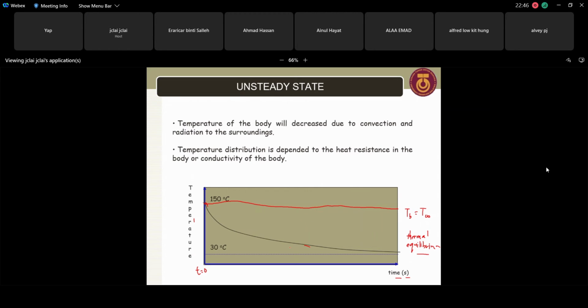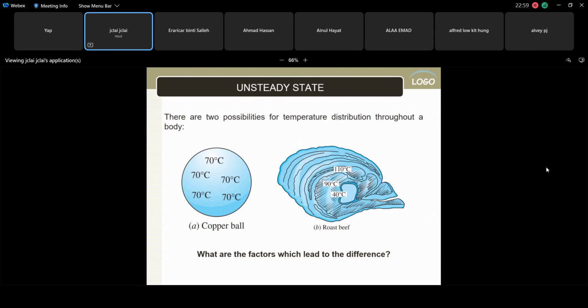The temperature distribution depends on the heat resistance in the body, or the conduction of the body. What does that mean? Let's consider two situations.